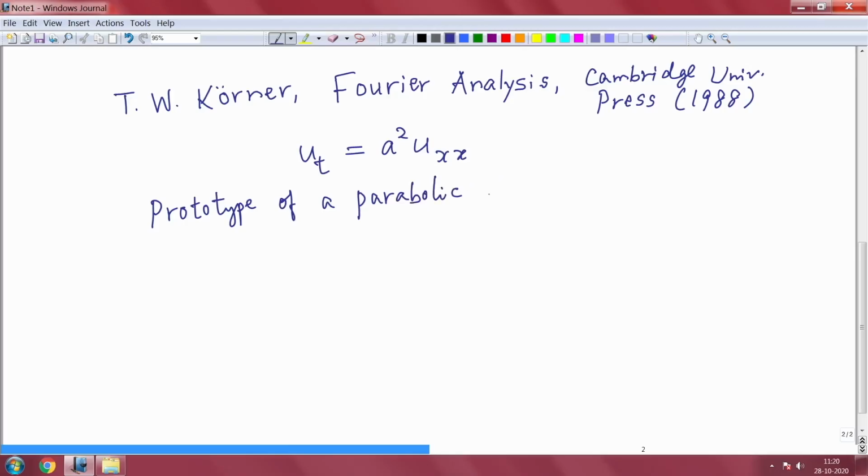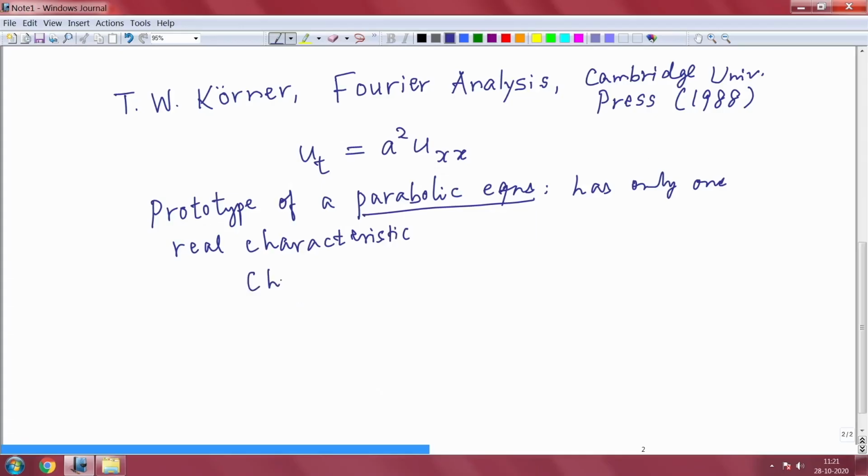It has only one real characteristic family, and you can easily see that the characteristic family is given by t equal to constant.